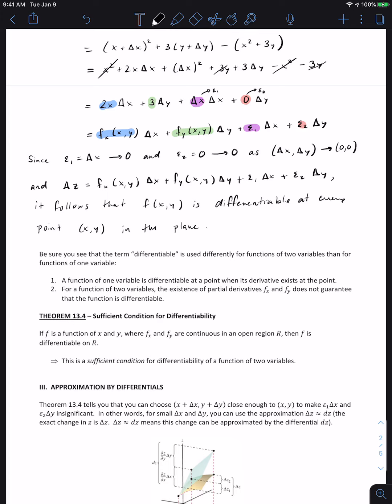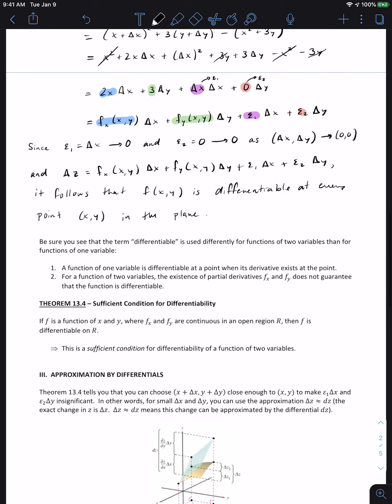Okay, so theorem 13.4 does tell us what is that strong condition that tells us if a function is differentiable at a point. This is why it's called the sufficient condition for differentiability. If f is a function of x and y, where the partial derivatives with respect to x and y are continuous, then f is differentiable.